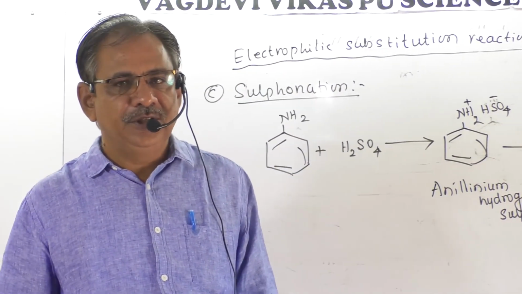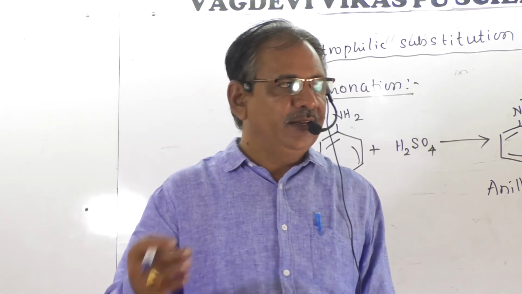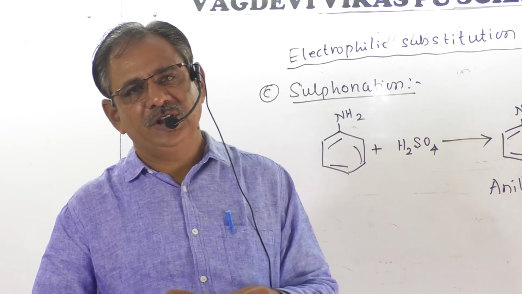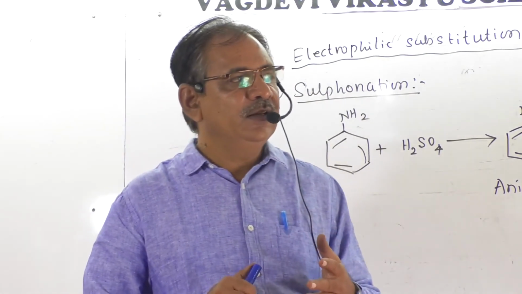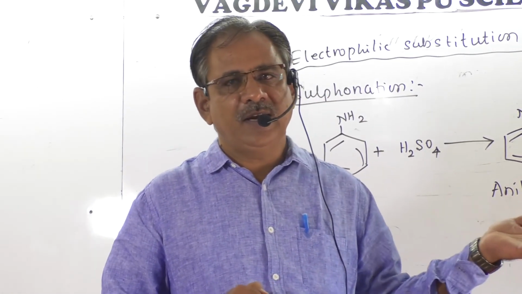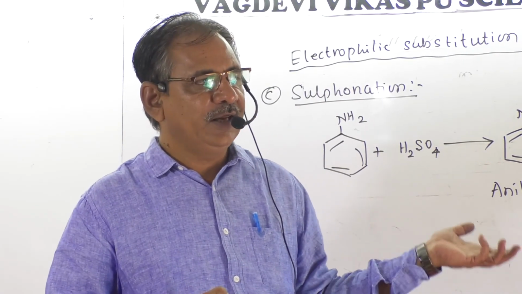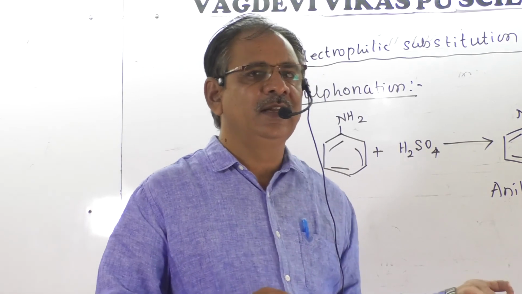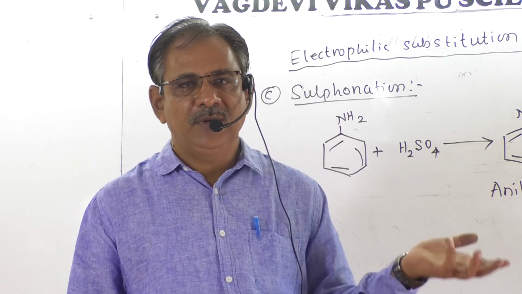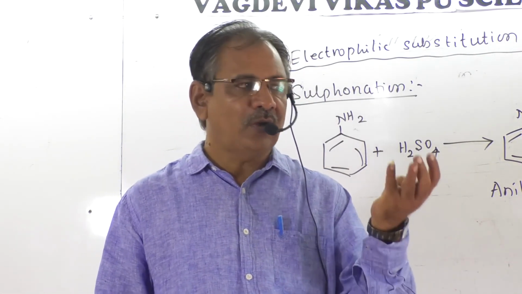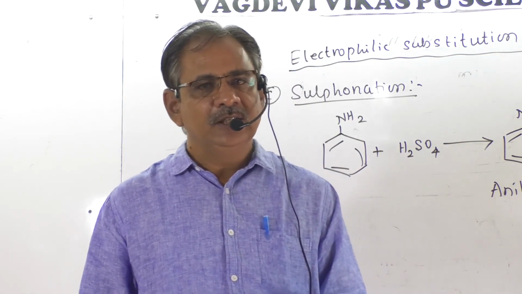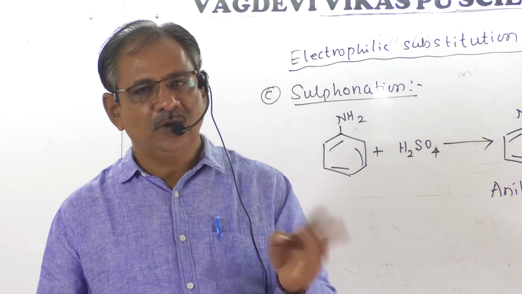the electrophilic substitution reactions. In the next class we will discuss diazonium salt formation. When aromatic primary amine is treated with sodium nitrite or nitrous acid, as I already discussed in the distinguishing test between primary, secondary and tertiary amines, it forms benzene diazonium chloride.